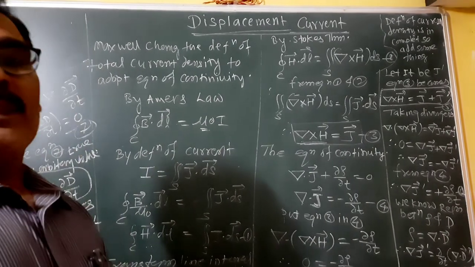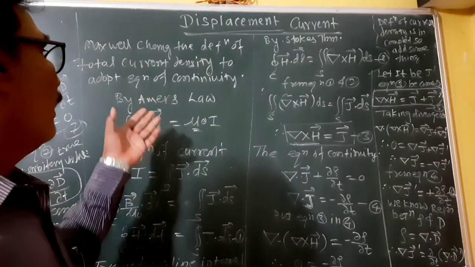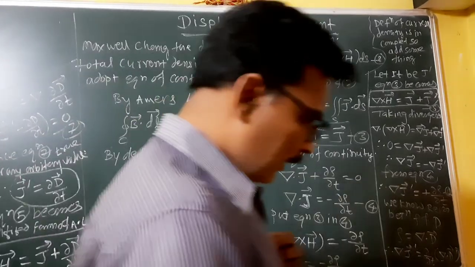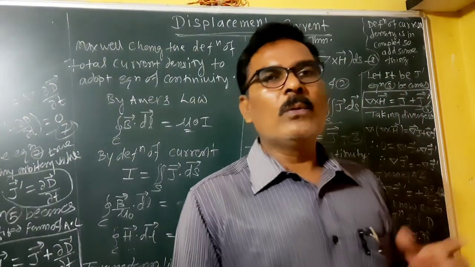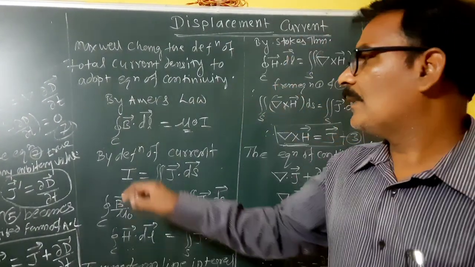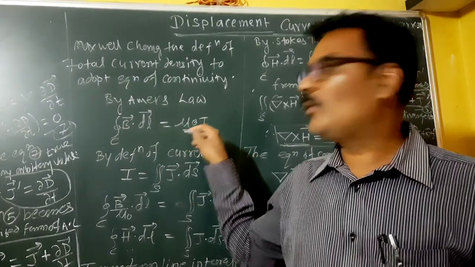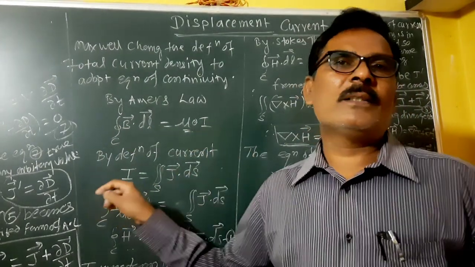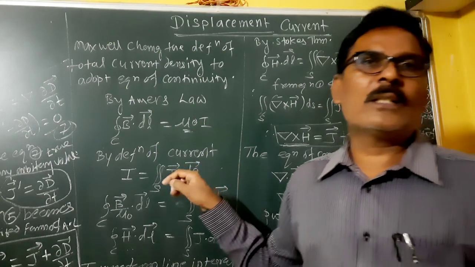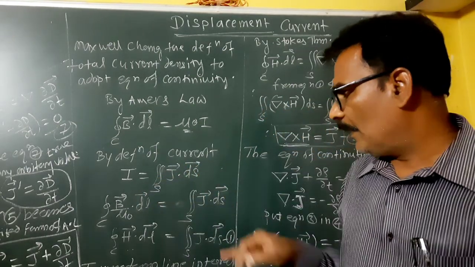We have to derive this equation from Ampere's law for electromagnetic induction. We know Ampere's law is B bar dot dl bar is equal to mu 0 into I. By the definition of current density, I is equal to the surface integration of J bar dot ds bar.